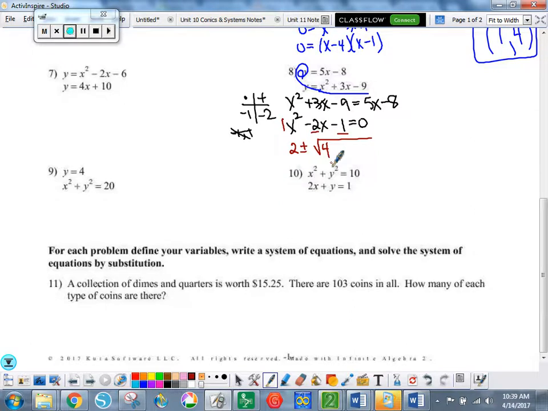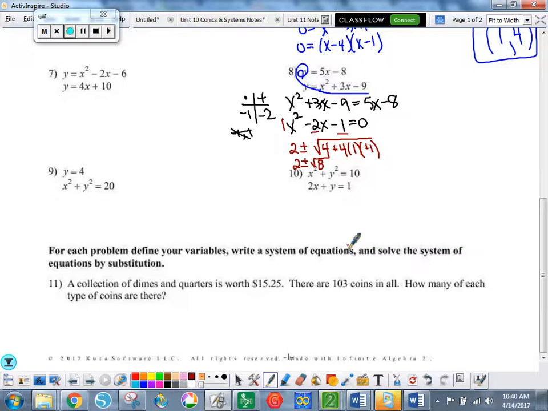Okay, so negative b plus or minus the square root of b squared minus 4 times a times c. So this is the same thing as 2 plus or minus the square root of 8, because these negatives cancel.